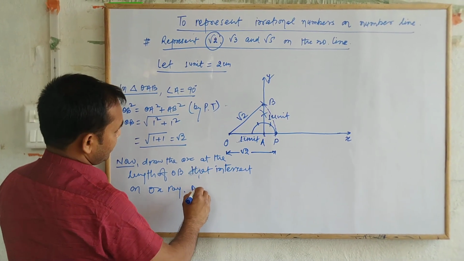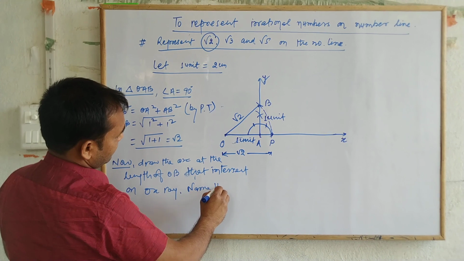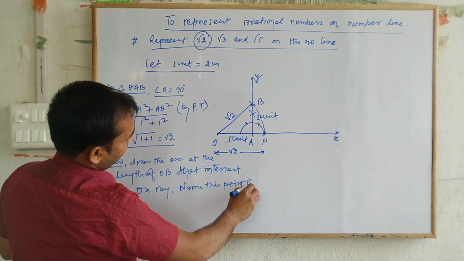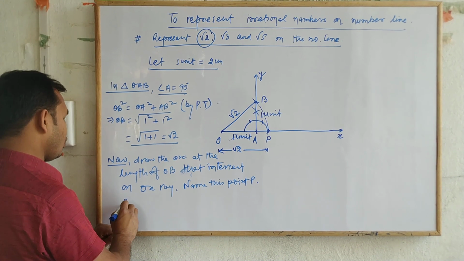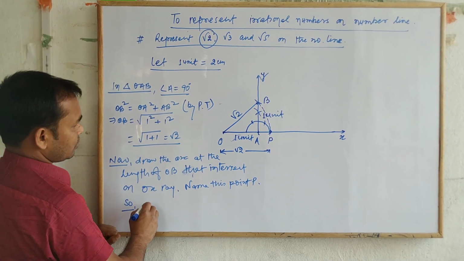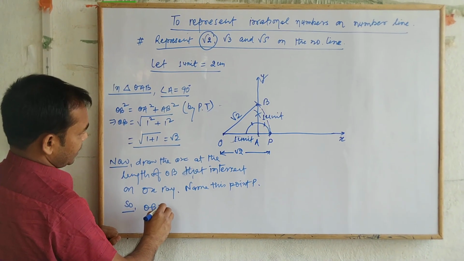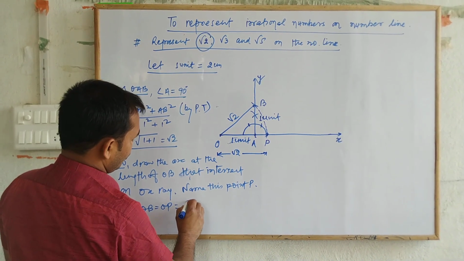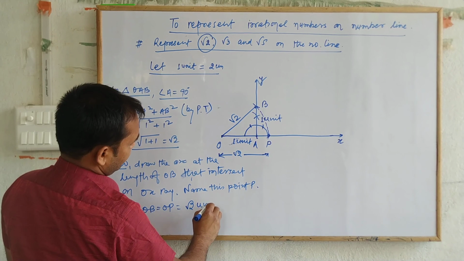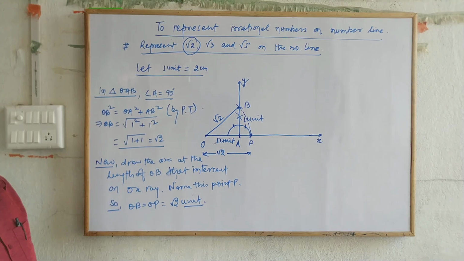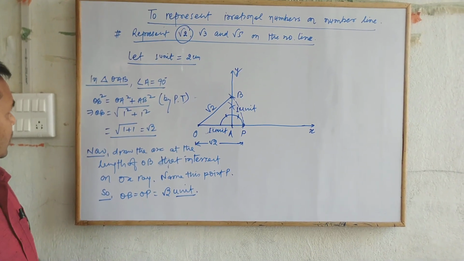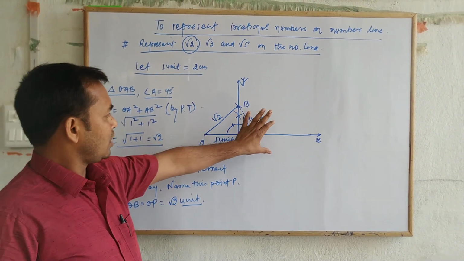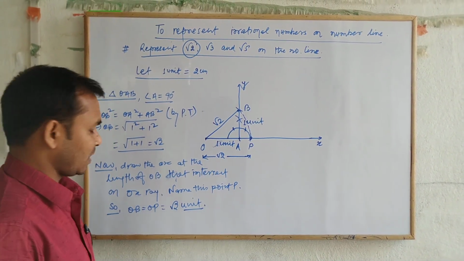Name this point P. So OB is equal to OP is equal to root 2 unit. Now root 2 is completed as the irrational number on the number line.